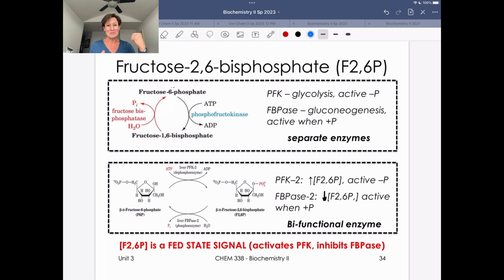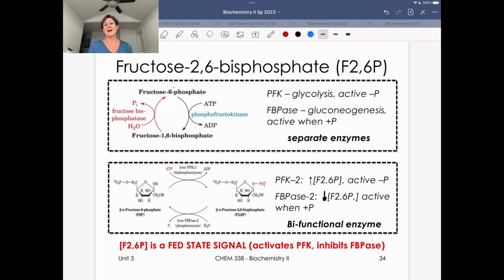If that's not clear to you, make sure to go back and rewatch that video on PFK structural details. But the key here is that we can control the activity of enzymes like PFK and FBPase through allosteric regulation, R state versus T state, changing shape, right? And we learned with PFK how that modulates what we have in the enzyme active site.